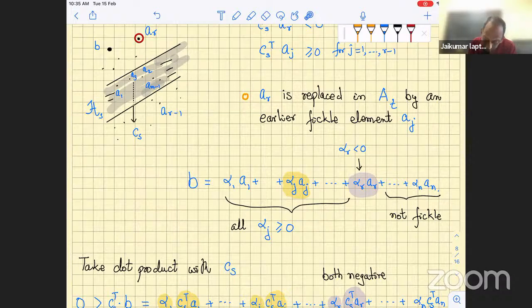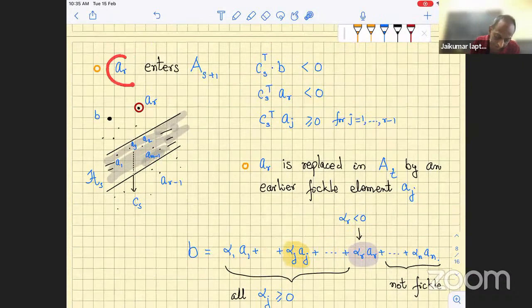Now, why? We wrote B as a combination of the current basis, that is, the previous anchor set together with A_j, which wants to enter. And in this, A_R was the first negative coefficient. All these other coefficients were non-negative. So there are two facts.